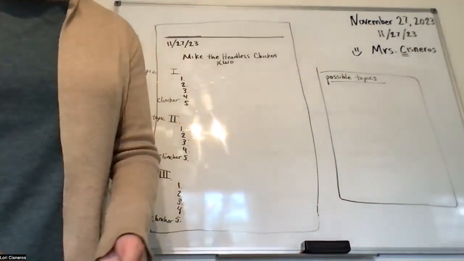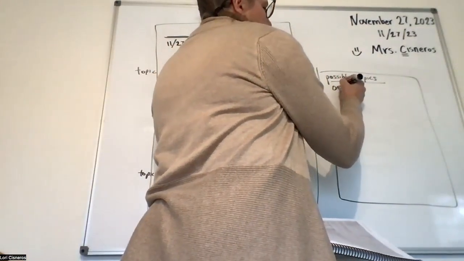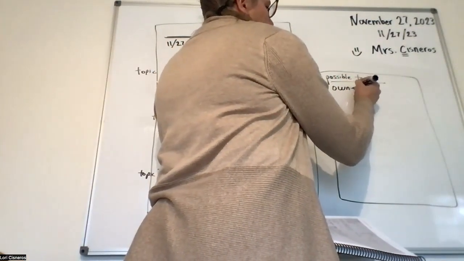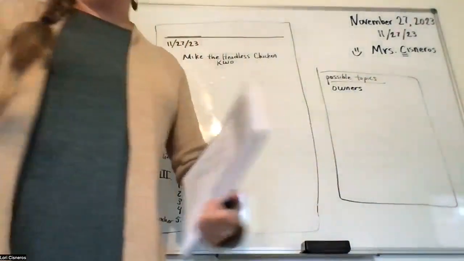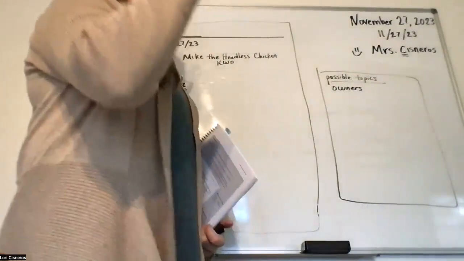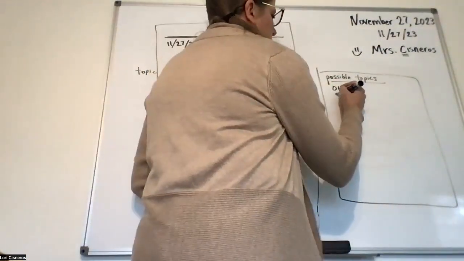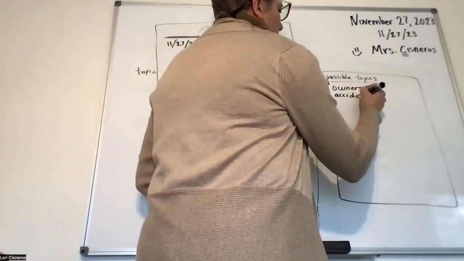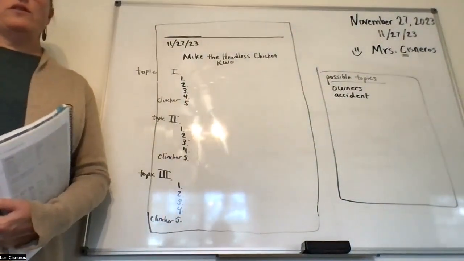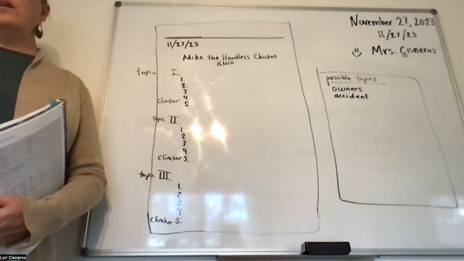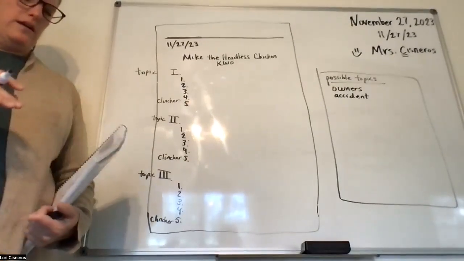Let's list that on the back under possible topics. And then we learned about the accident. We'll call it the accident, right? What happened to him when they were butchering. So this is going on the back of your keyword outline. Make sure to make this list back there.